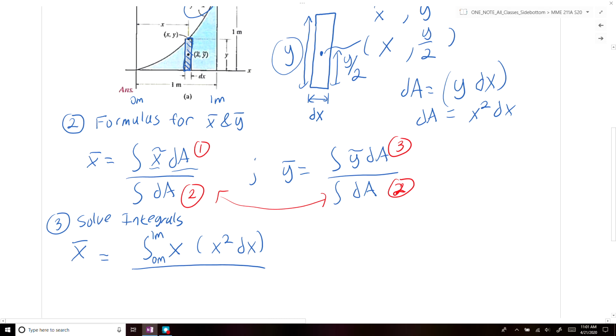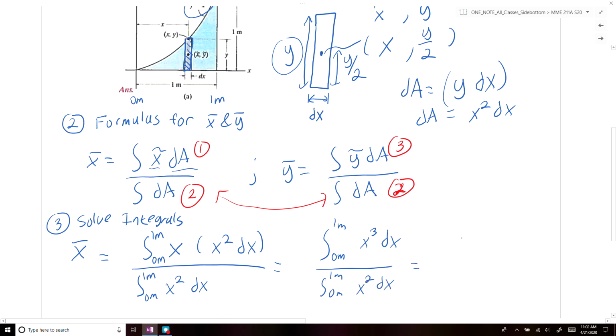And then the denominator of our integral will be just dA, so it'll just be x squared dx from 0 meters to 1 meter. If we evaluate those integrals, we would have the integral of x cubed dx divided by the integral of x squared dx.